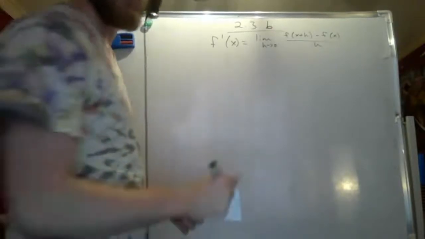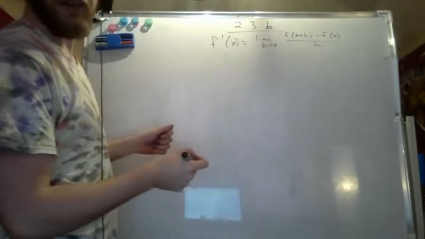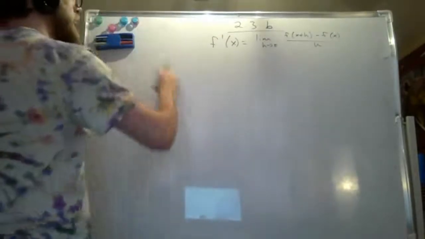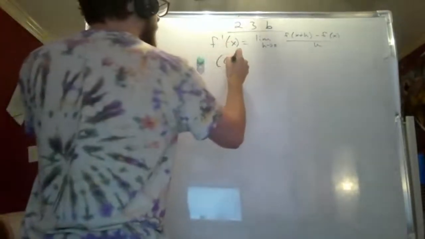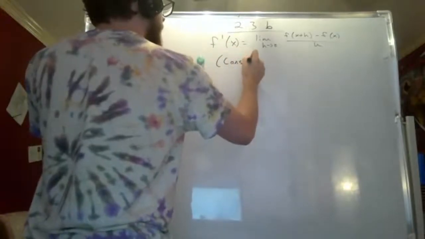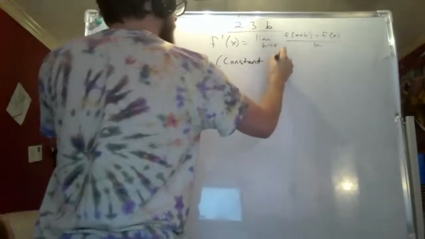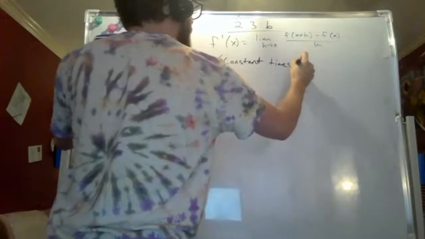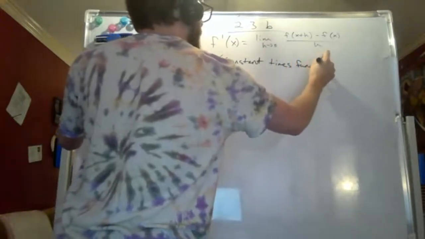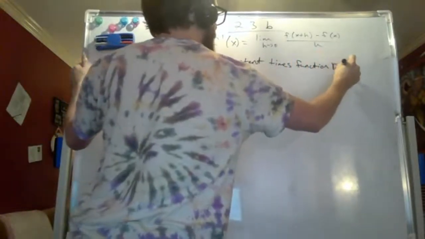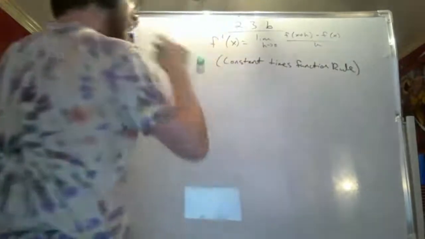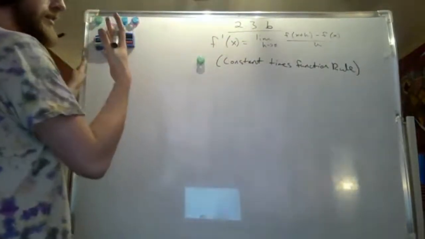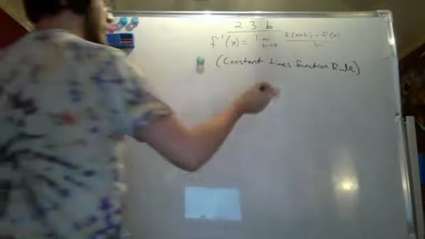The first rule is called the constant times function rule. What does that mean? Well, it's exactly what it sounds like, really.